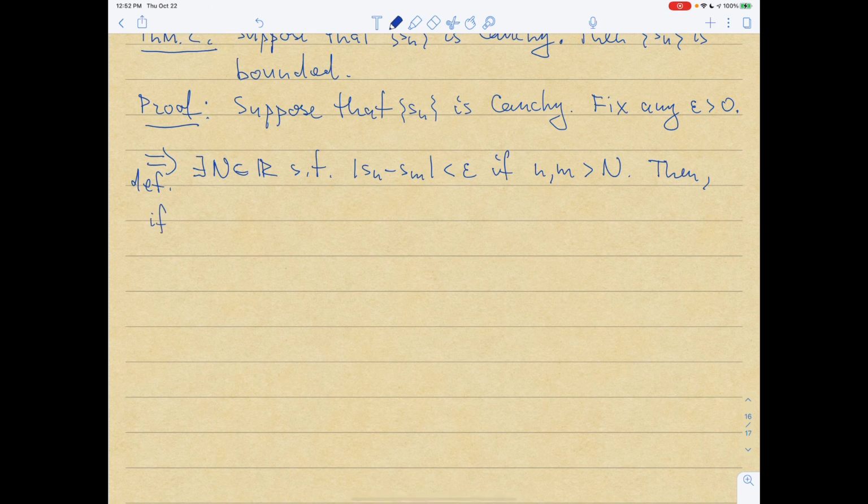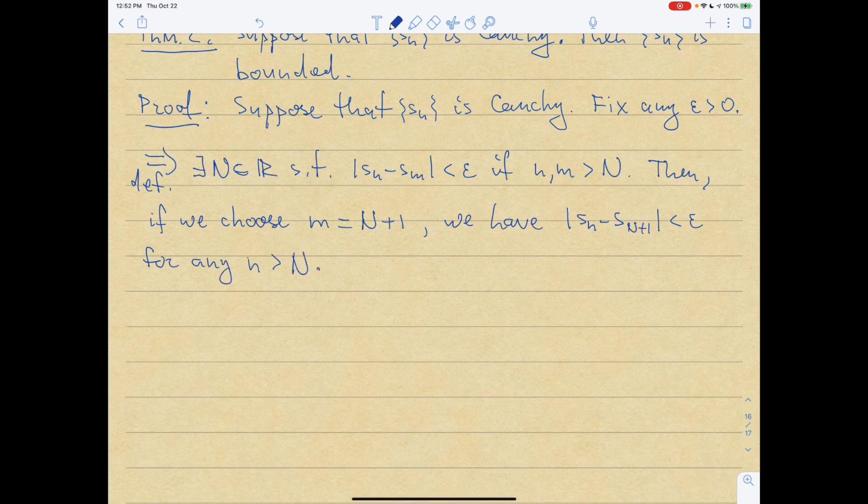So if we choose m to be capital N plus 1, we have that absolute value of Sn minus S capital N plus 1 is less than epsilon for any n bigger than capital N. Why?